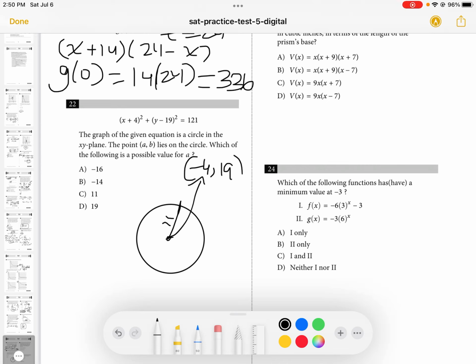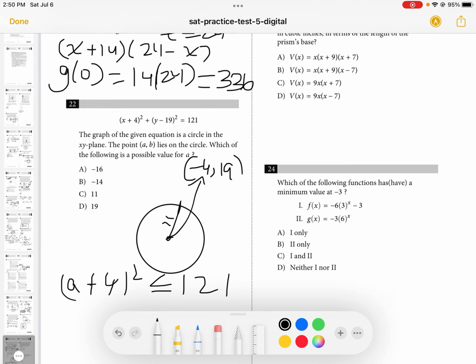So we want an a value that when plugged in does not exceed 121. So when we plug in, a plus 4 squared has to be less than or equal to 121.